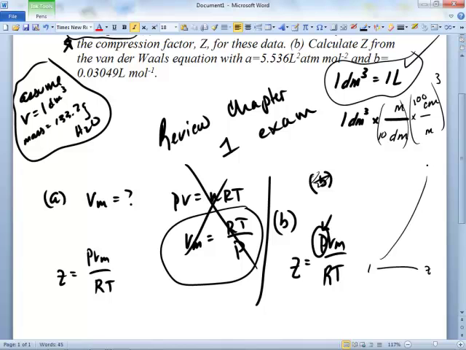What is STP? Standard temperature and pressure. Which is what? 1 atmosphere. 1 atmosphere is 760 torr. And what's the temperature, though? 273 Kelvin, or how many Celsius? 0 Celsius.